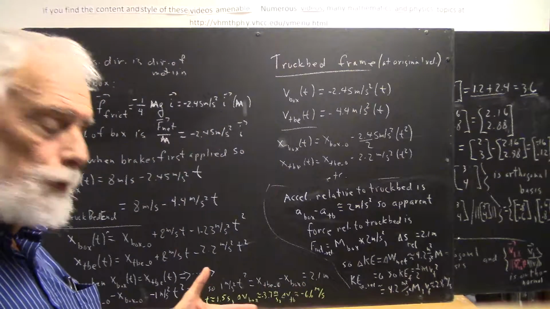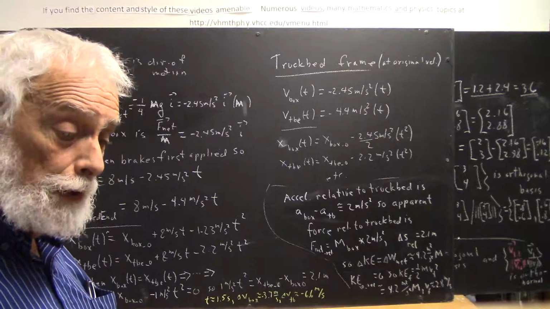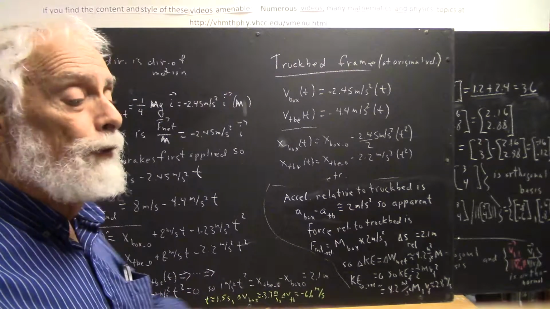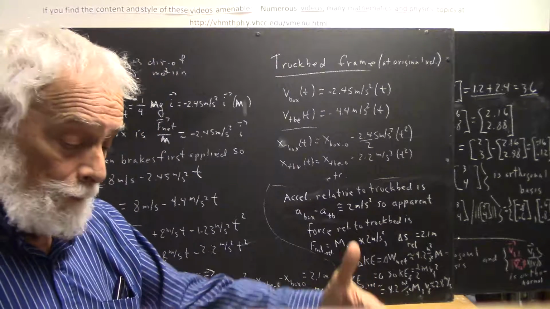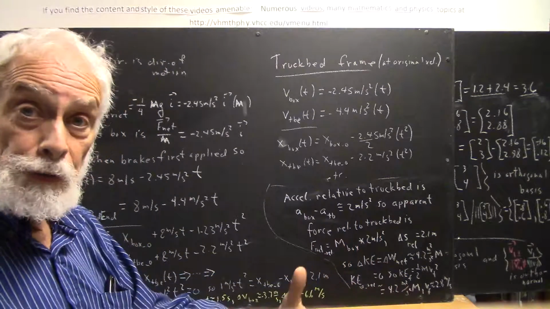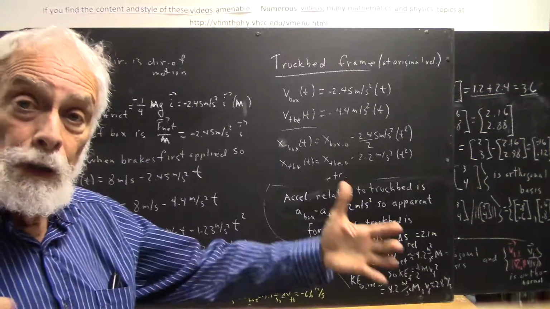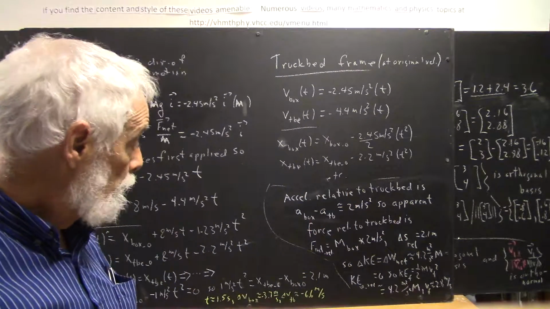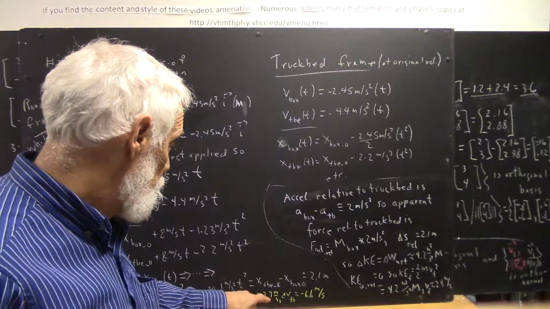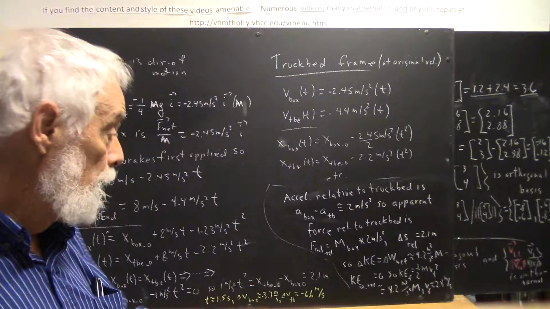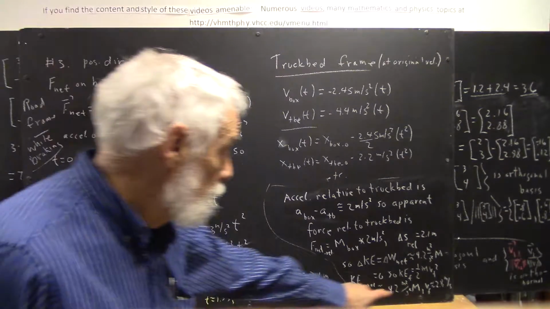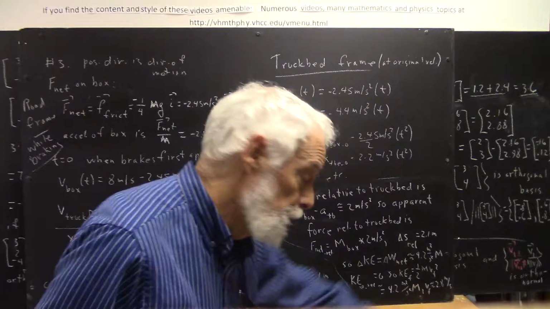So what's going to be the relative velocity of the box with the truck? The end of the truck bed slows by 6.6 meters per second. The box only slows by 3.7 meters per second, meaning when they collide, the relative velocity is going to be this minus this, which is 2.9 meters per second, comparing quite well with the 2.8 meters per second.